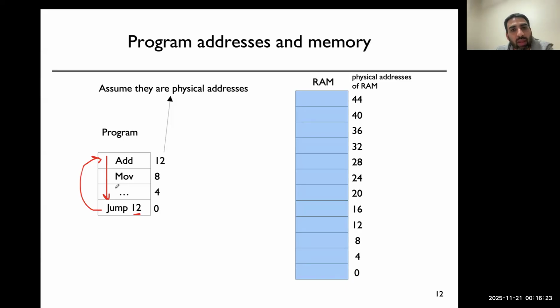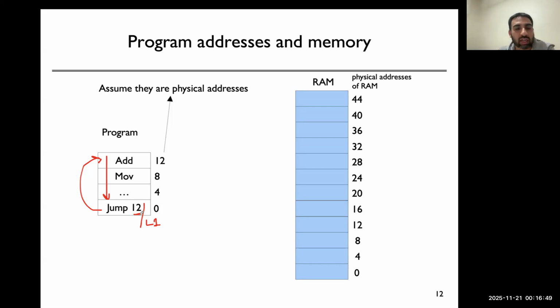When you write assembly, you will basically say jump L1 or some label, right? But when you compile this program and the machine code is generated, that machine code will replace L1 with 12, right? Assuming we know where the program is loaded.